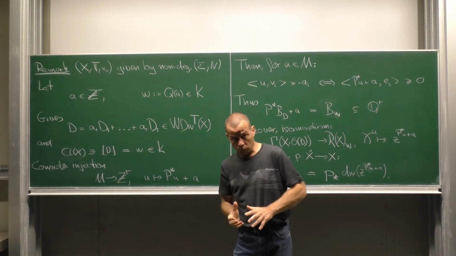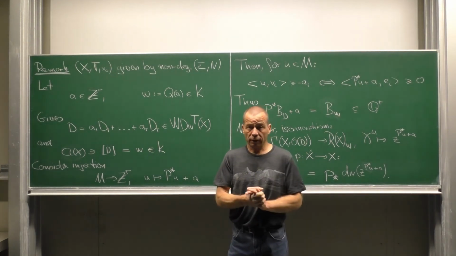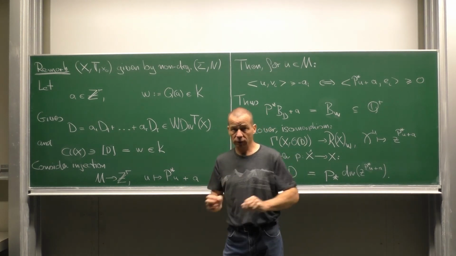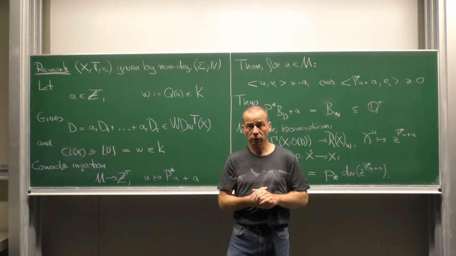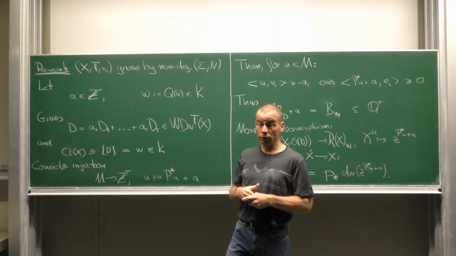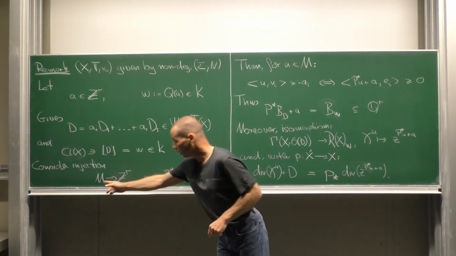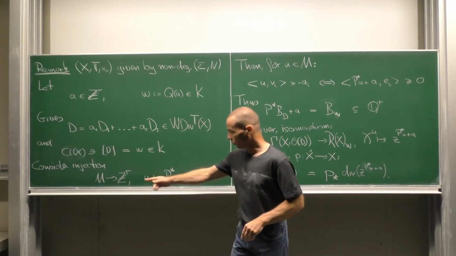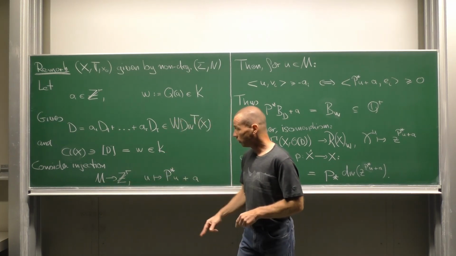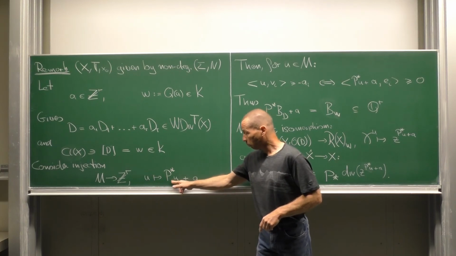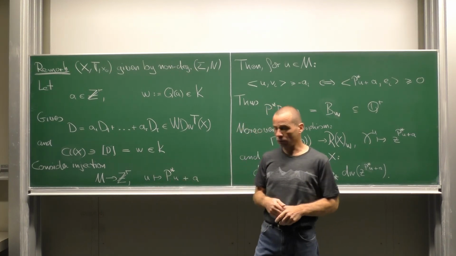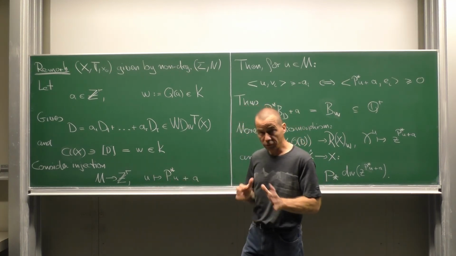Now, in order to bring together the side of sections with the side of homogeneous coordinates, we use the following injective map from M, the dual lattice, to Z^r, sending u to P*u plus a. So this is not a linear map, it's an affine linear map.